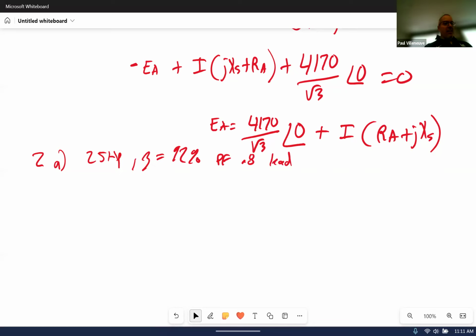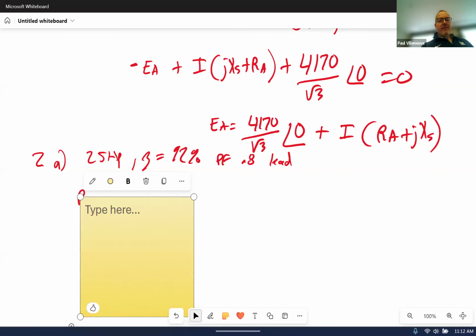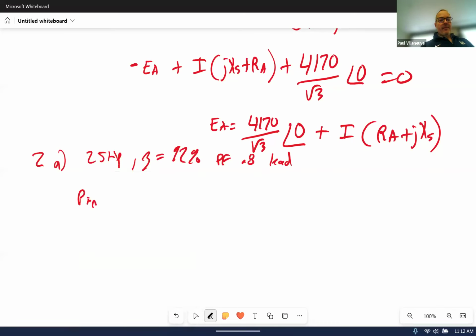So how do you calculate the input power? What is Pin? Well, we have to solve for that, but we know efficiency by definition is P out over P in. So P in is just P out divided by efficiency.